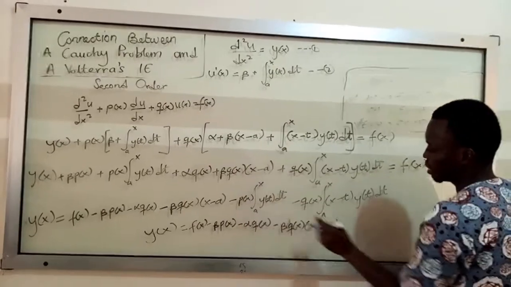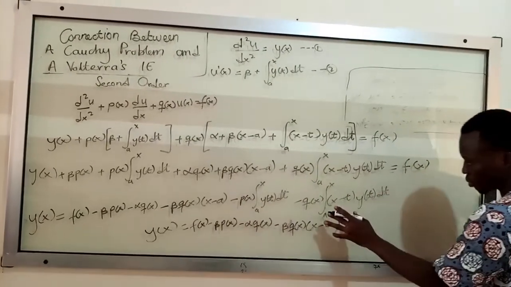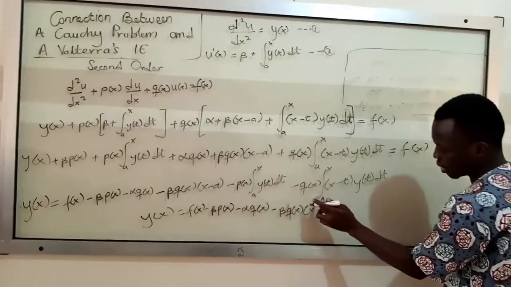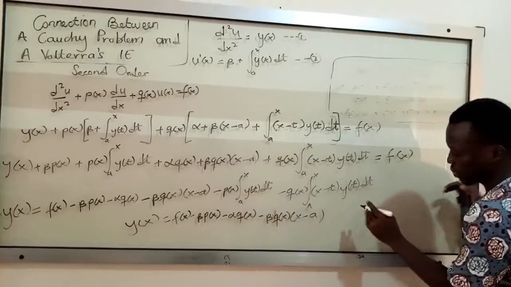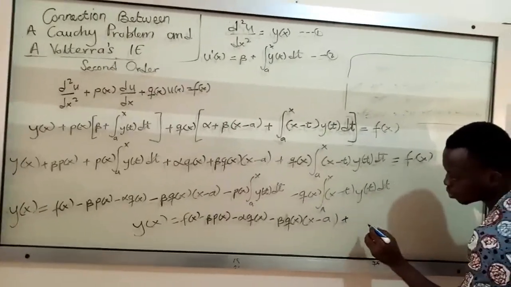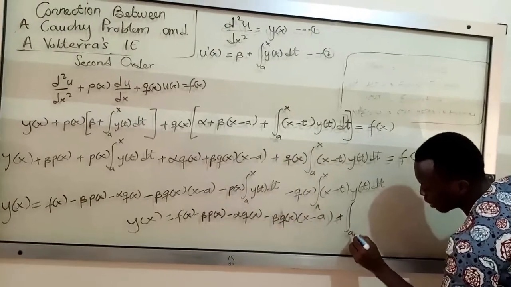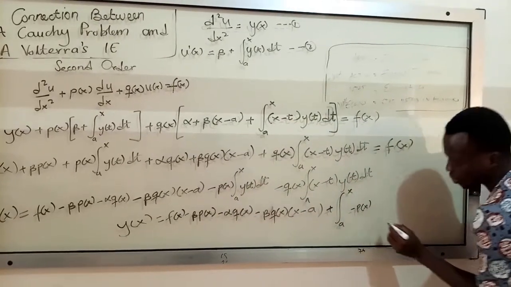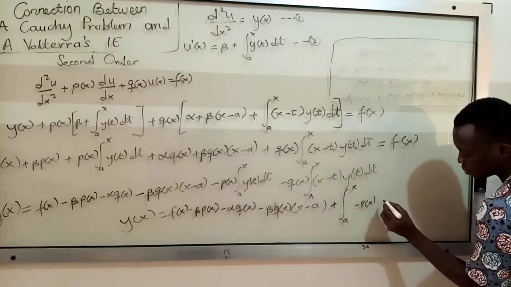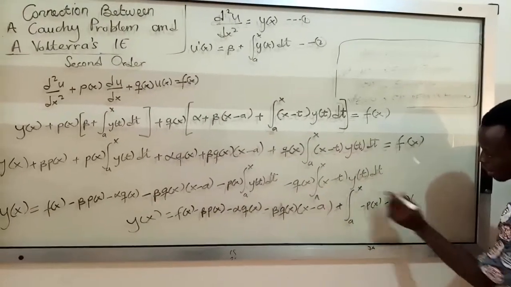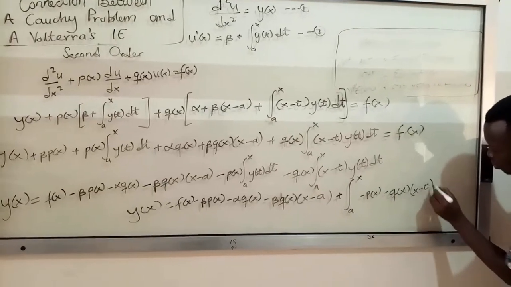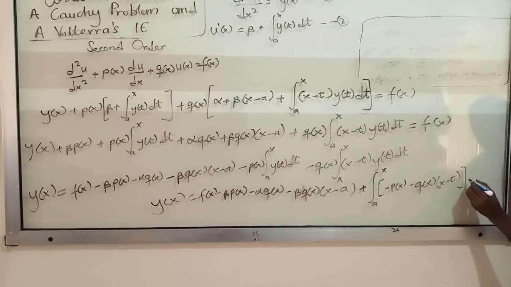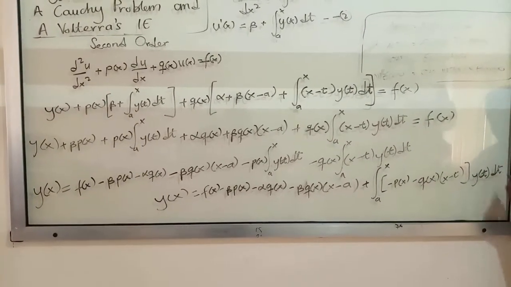So can we write this as, you have the integral sign here, y of t. So we write it as plus the integral from a to s, and we have our p here, which is minus p of s, and another minus q of s into bracket s minus t, then all into bracket times y of t dt.